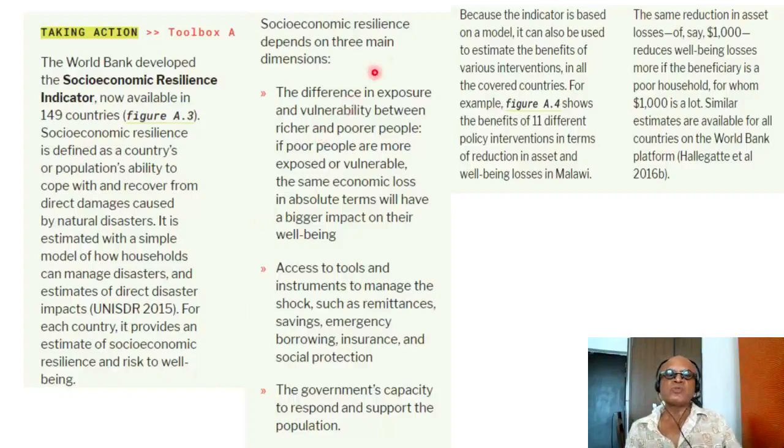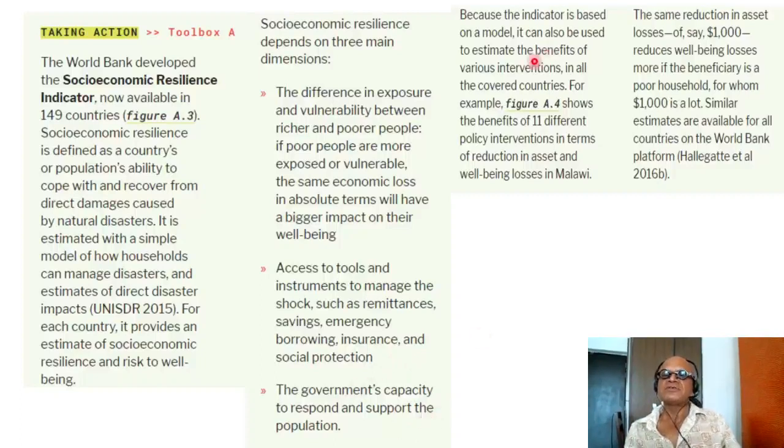Socioeconomic resilience depends on three main dimensions: the difference in exposure and vulnerability between richer and poorer people. If poor people are more exposed or vulnerable, the same economic loss in absolute terms will have a bigger impact on their well-being. Access to tools and instruments to manage the shocks such as remittances, savings, emergency borrowing, insurance, and social protection. The government's capacity to respond and support the population.